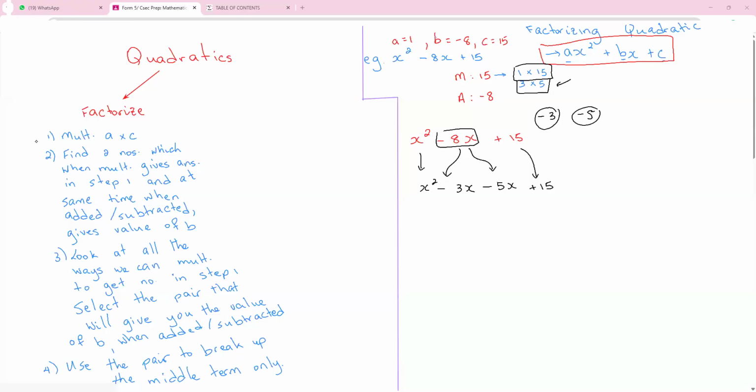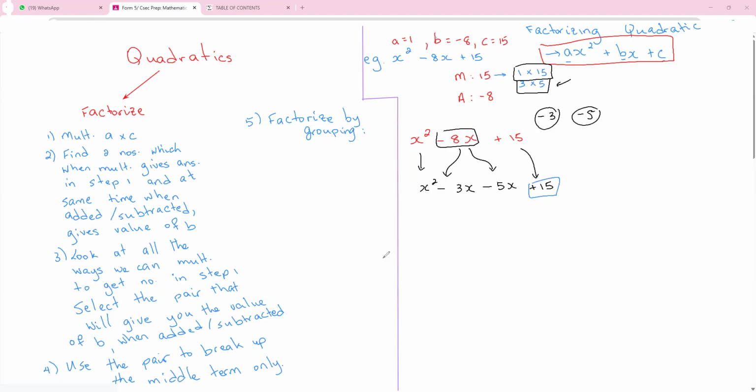All right, so after we use that pair to break up the middle term only, we're going to factorize by grouping. So step 5 is to factorize by grouping. Now, basically, anytime you have 4 terms, remember a term could be a number alone, like this.